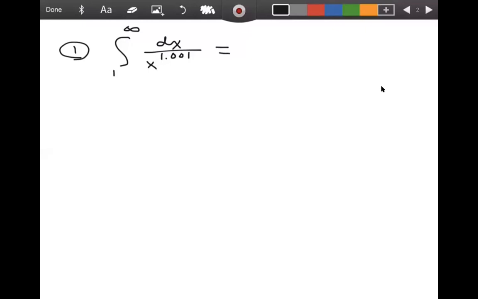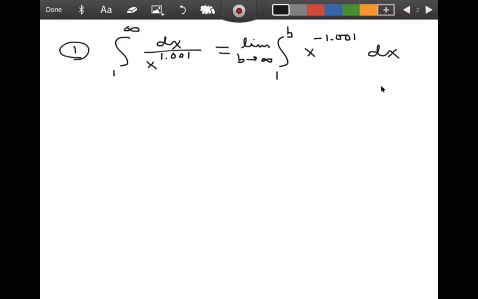So instead of integral 1 to infinity, I'm going to do integral 1 to b. And then instead of 1 over x to the power 1.001, I'm going to write that as x to the power negative 1.001. And then eventually we're going to let b increase without bound.